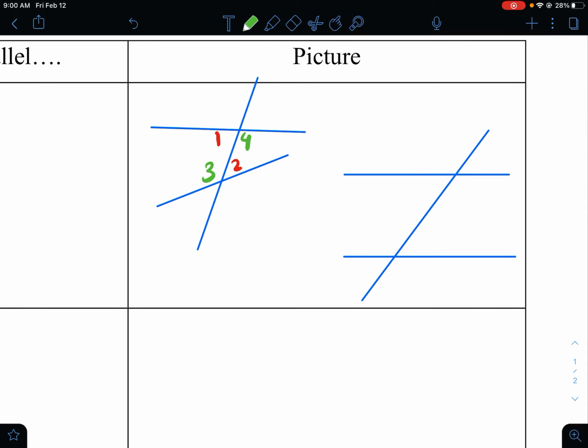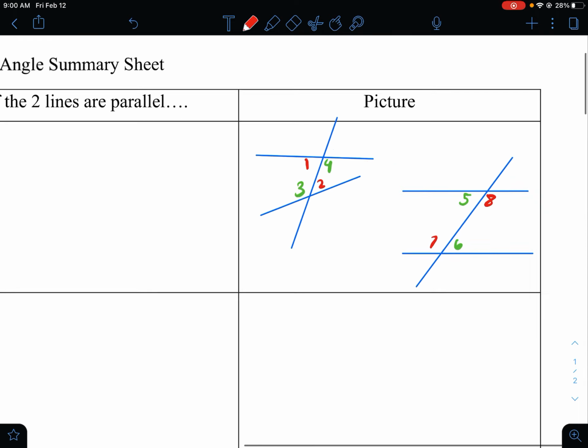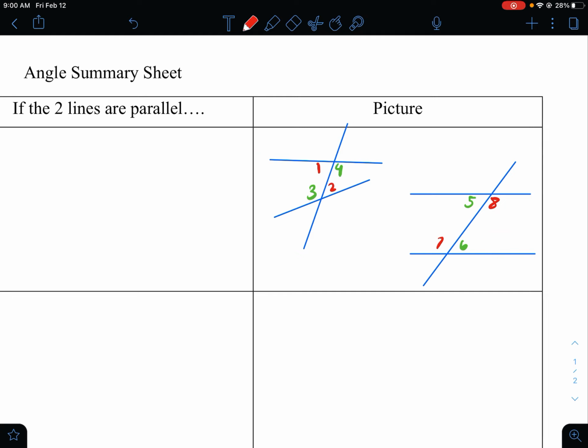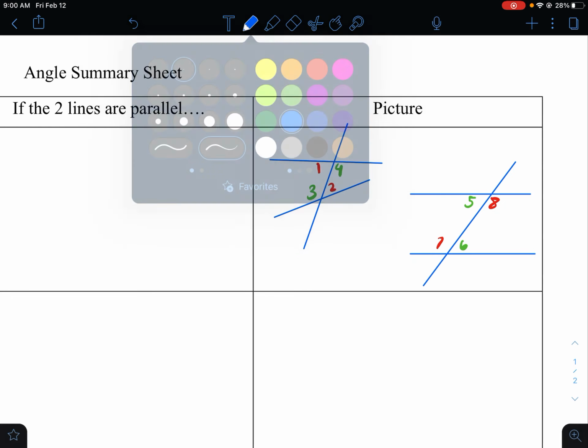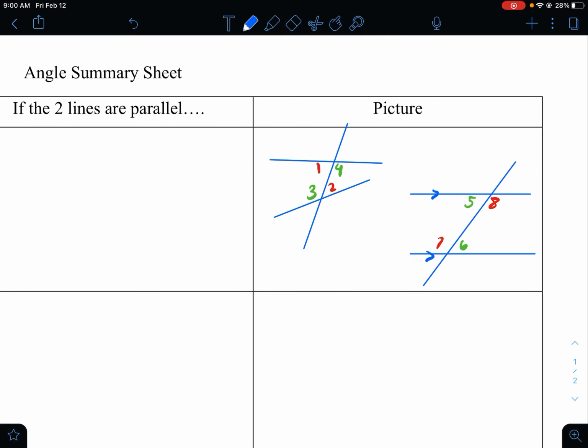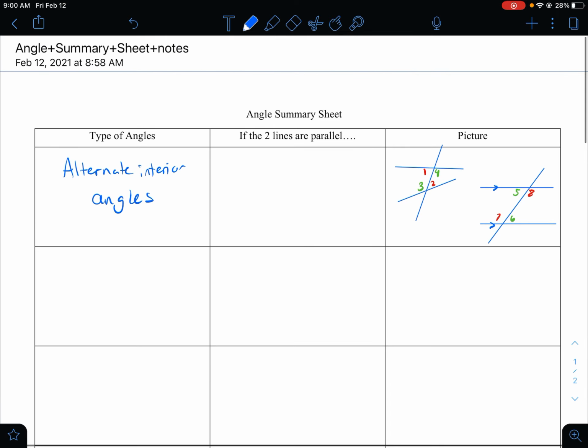So let's go ahead and label them again. We'll say angle 5 and angle 6, and angle 7 and angle 8. Those are alternate interior. So if these lines are parallel, and we can even draw, I think you guys know, these marks indicate that they're parallel. If the lines are parallel, alternate interior angles are congruent.